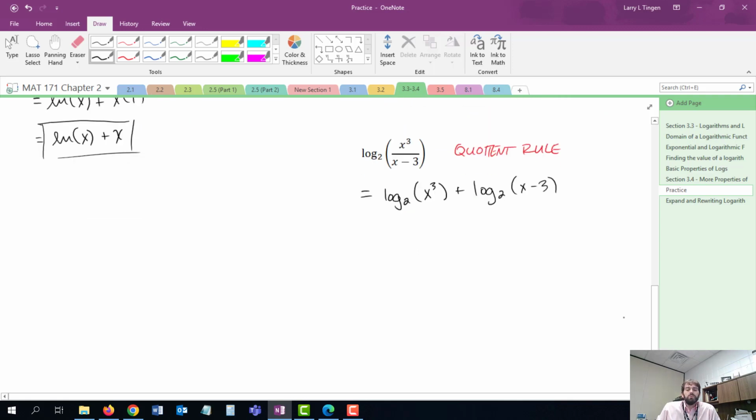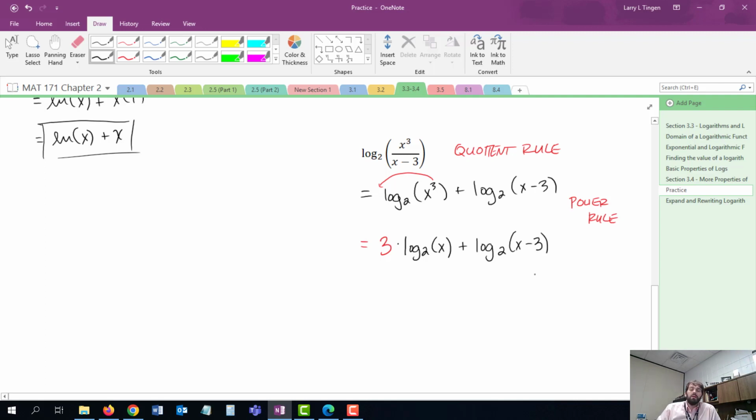All right, so the quotient rule has been used. Next is the power rule. Because of the first term, the power rule says that cube, that 3, gets to come out front. And now I have 3 times log base 2 of x plus log base 2 of x minus 3.